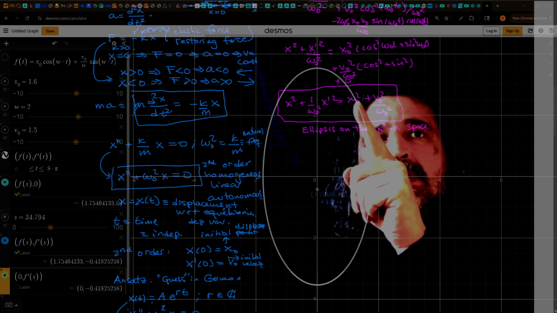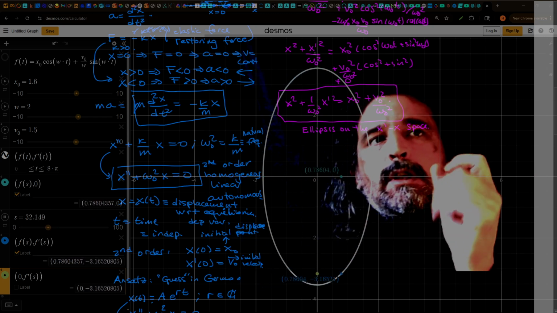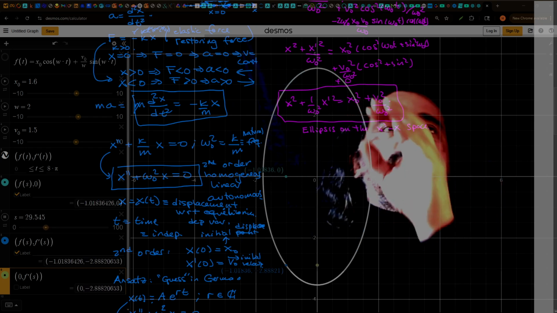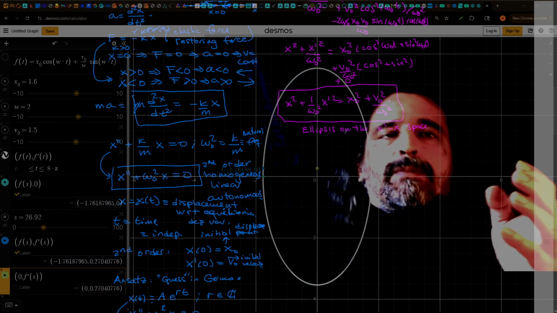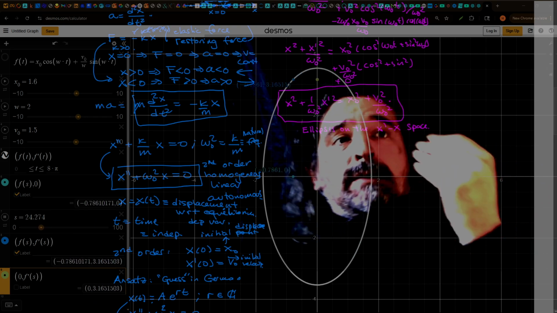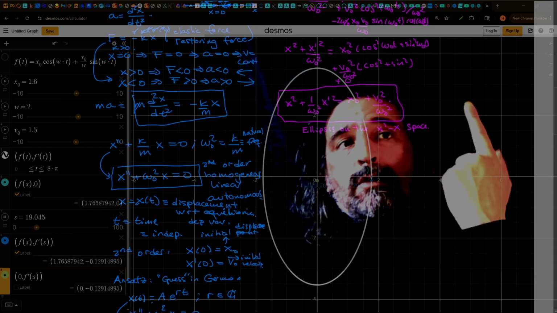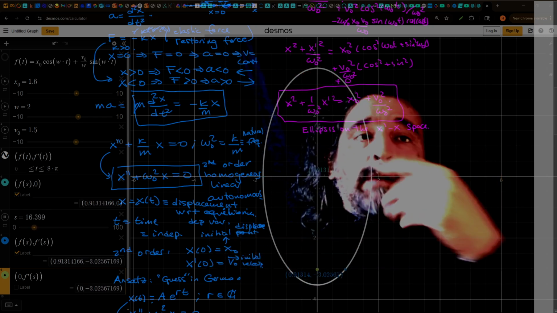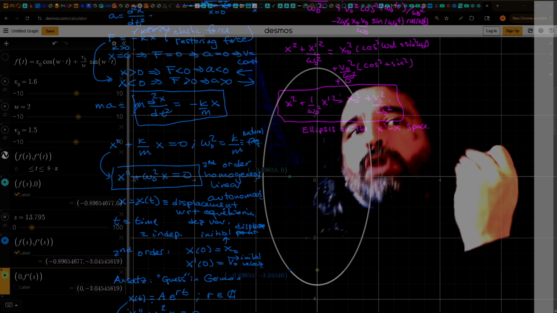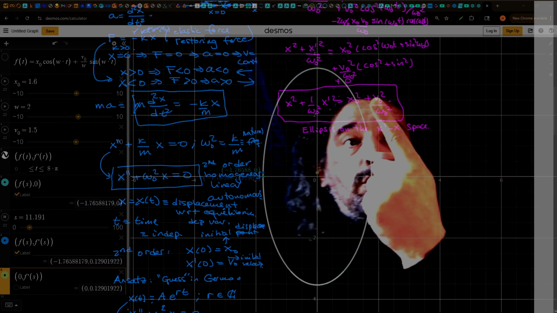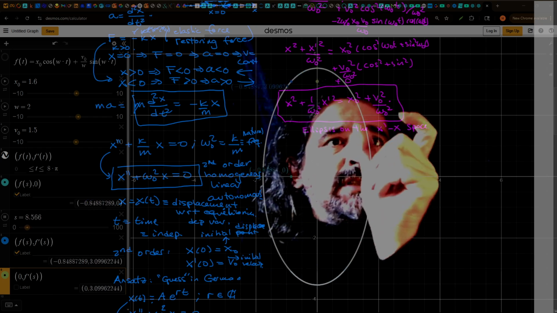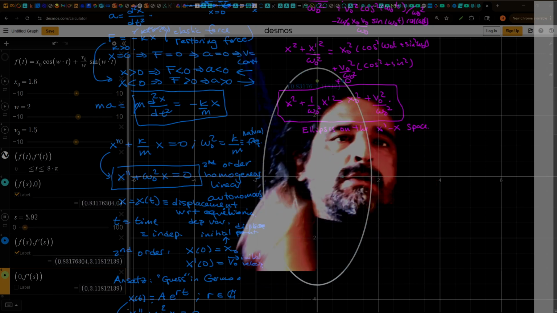The total energy of the system is conserved. Why is it conserved? Well, because it's an autonomous system. So if you are studying differential equations, energy conservation, if you look at it from the perspective of autonomous differential equations, you got it in here. There is going to be this quantity that is conserved.